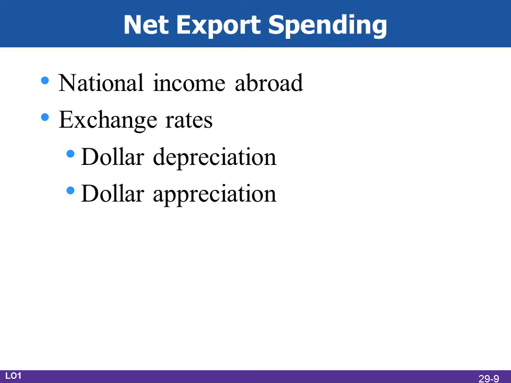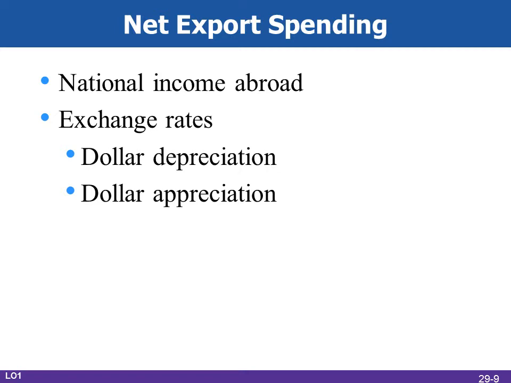So if the dollar is worth less today than it was yesterday against, say, the euro, we call that a depreciating dollar. The dollar has depreciated. It's worth less. Well, that actually makes U.S. exports less expensive to people living in Europe.